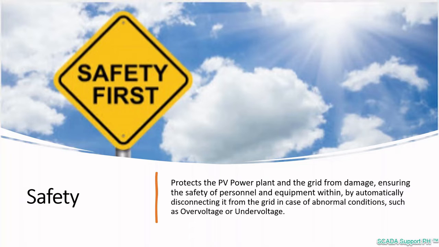This protects the plant and the grid from damages, ensuring the safety of personnel and equipment within. The PPC's capability to detect and resolve equipment faults or failures helps to maximize the system's power output by utilizing the availability and performance of all resources.